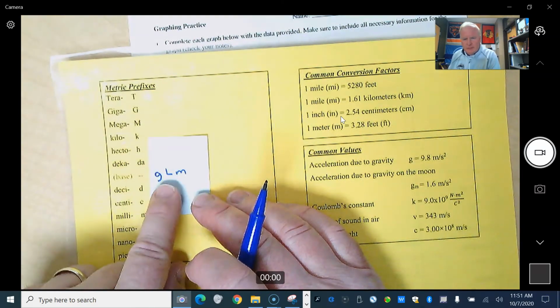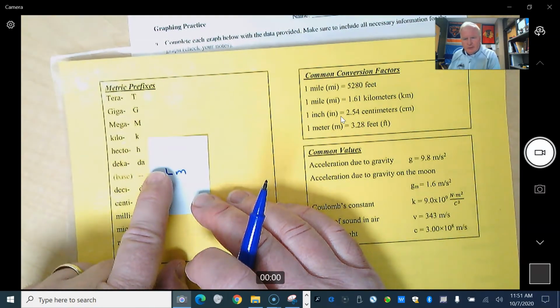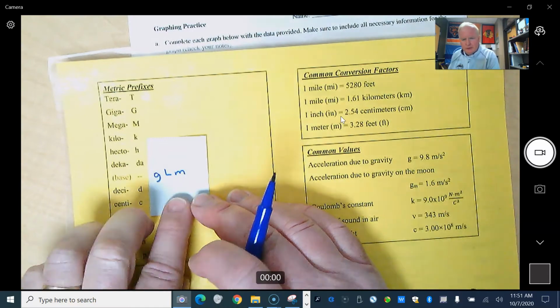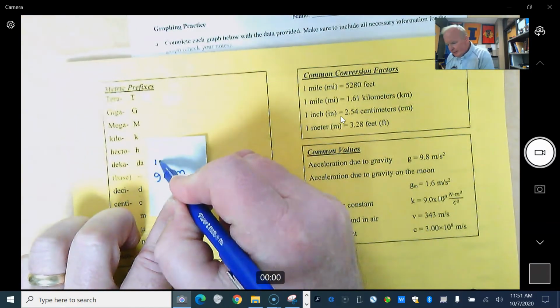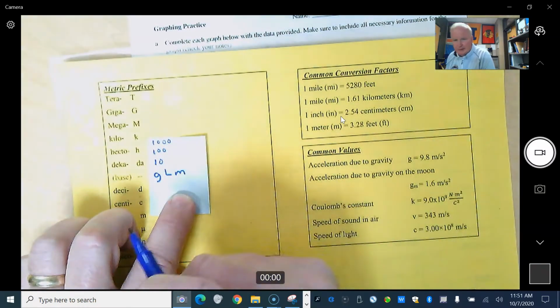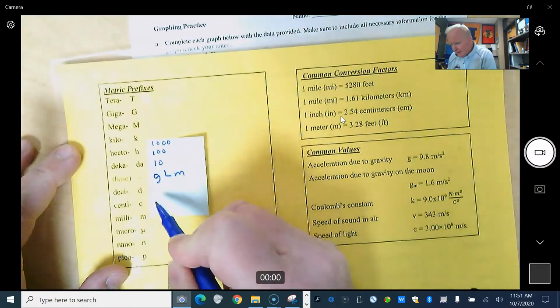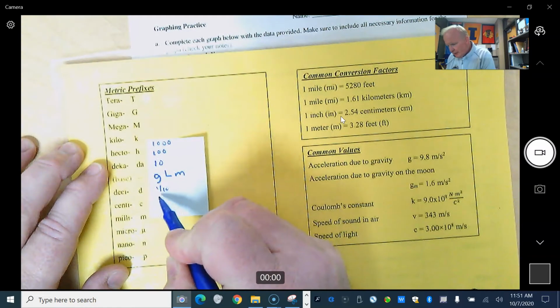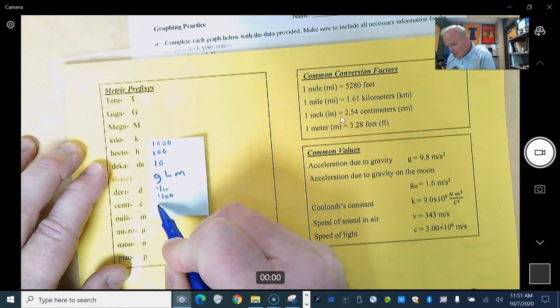Remember, once we go above the base, the system is set up so that deca is 10, hecto is 100, and kilo is 1,000. Once we go down, we do 1/10, 1/100th, and 1/1000th for milli.